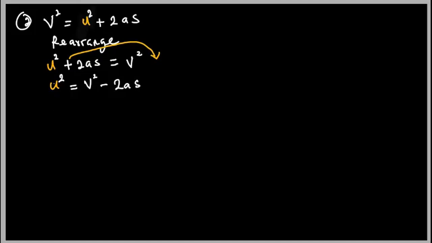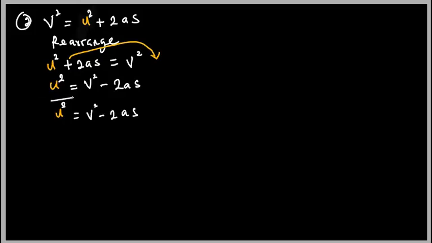And now how can we take out the square on U? Since U has a square, to remove a square, we always take the square root on both sides. Therefore, I have that U squared is equal to V squared minus 2AS.